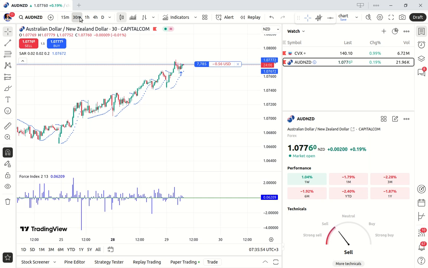You do not want to follow bots. And I understand you want to follow bots, and there's nothing wrong with following trends. There's nothing wrong with following price. If you can manage to follow price, it's okay.